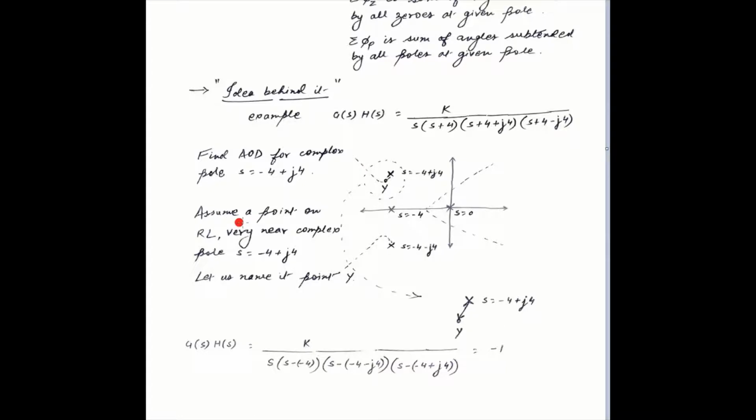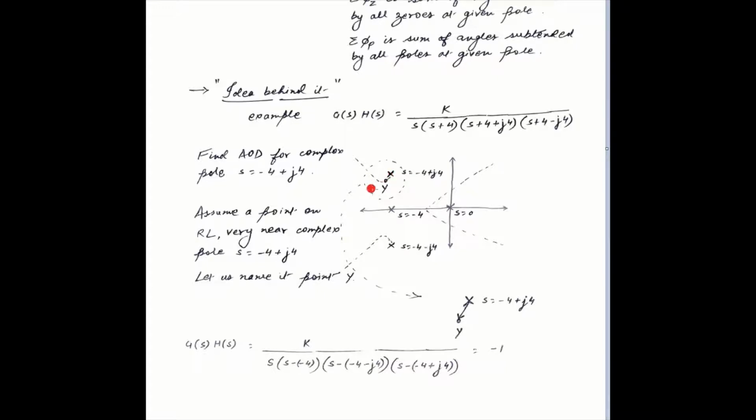So now assume a point on the root locus very near to the complex pole s equal to minus 4 plus j4. We take a particular point and name it as y point, and imagine the point to be very near to this pole but on the root locus.